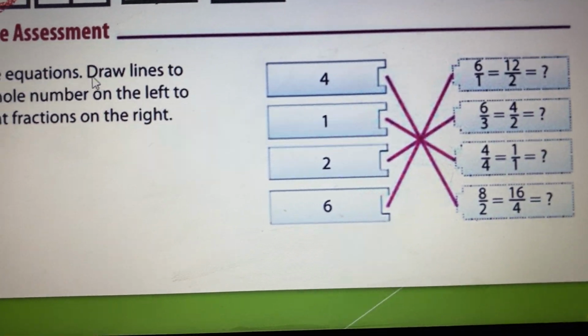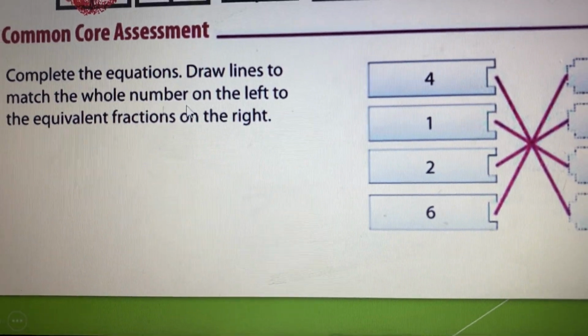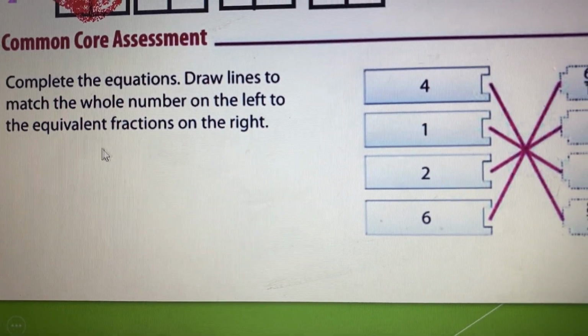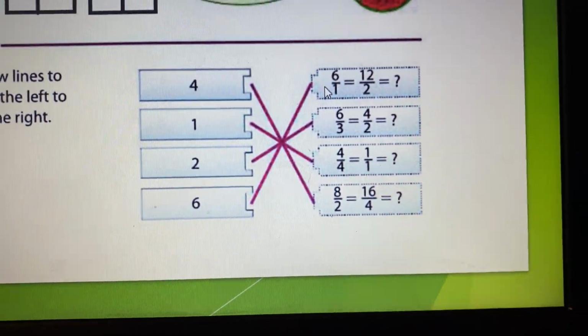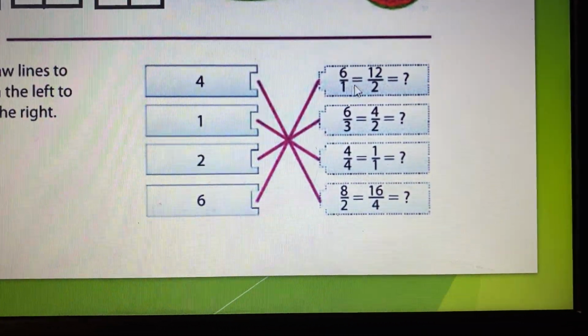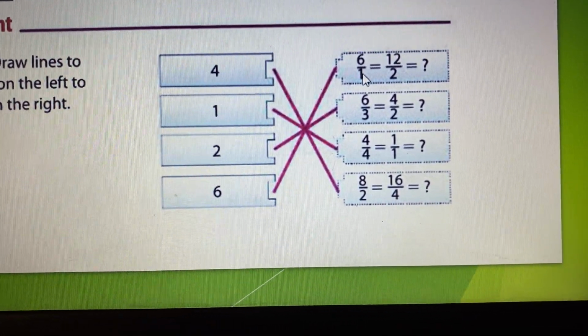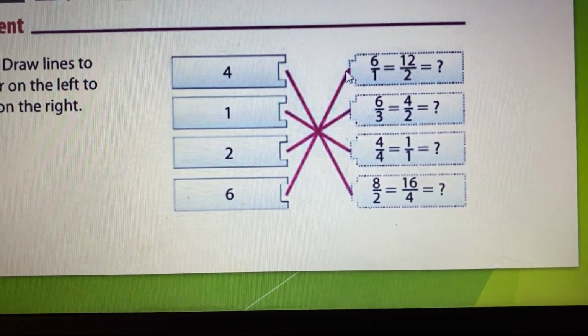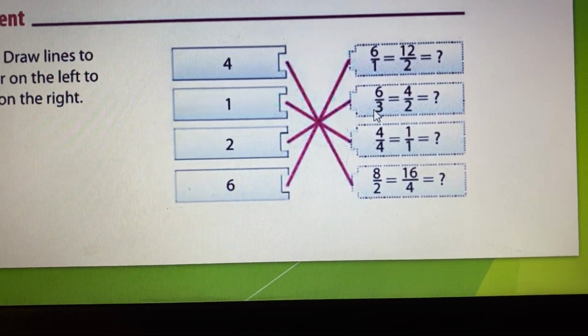Complete the equations. Draw lines to match the whole numbers on the left to the equivalent fractions on the right. So here you have 6 over 1, 12 over 2. Ask yourself, 6 divided by 1, 6. 12 divided by 2, 6. So I'm going to match it with 6. Here, 6 over 3.